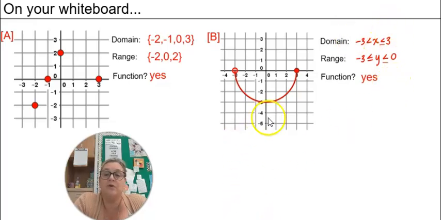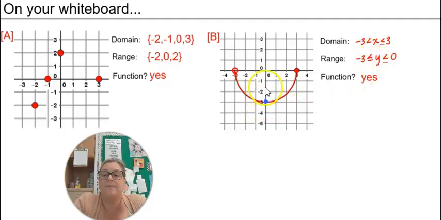For the range, we're looking for the y values, least to greatest. So down here at our lowest point on this semicircle, that's at y equals -3. There was no open circle, so we assume it's closed. So -3 is less than or equal to y.